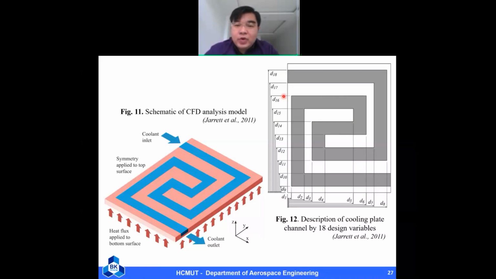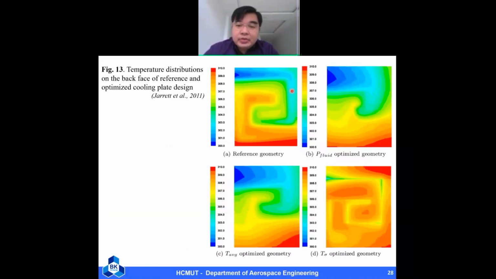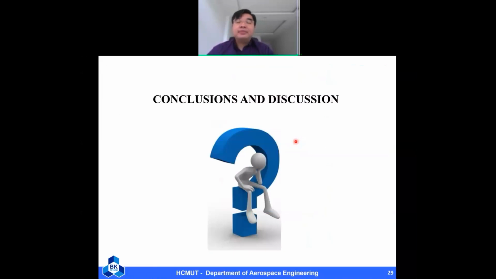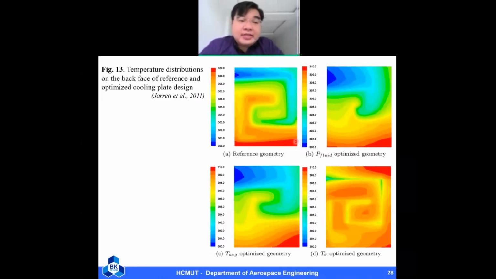They say which one is the best, for example, the width of each dimension, so they can optimize that, and then use CFD to prove the ideas. This is also a result from Ansys Fluent, and from all the results you can see that CFD supports a lot in this field.